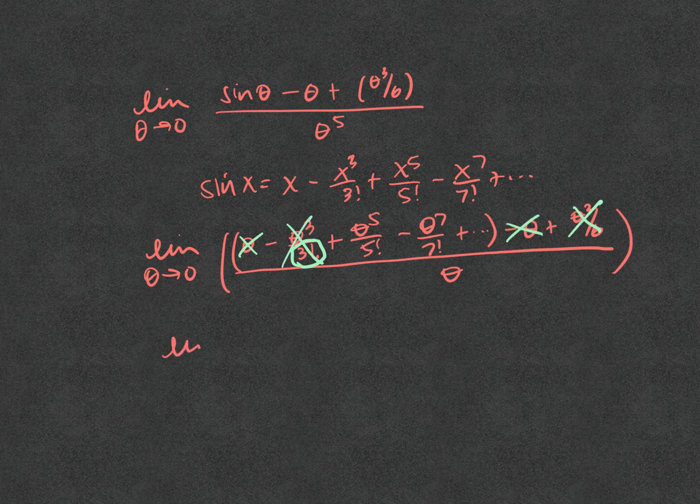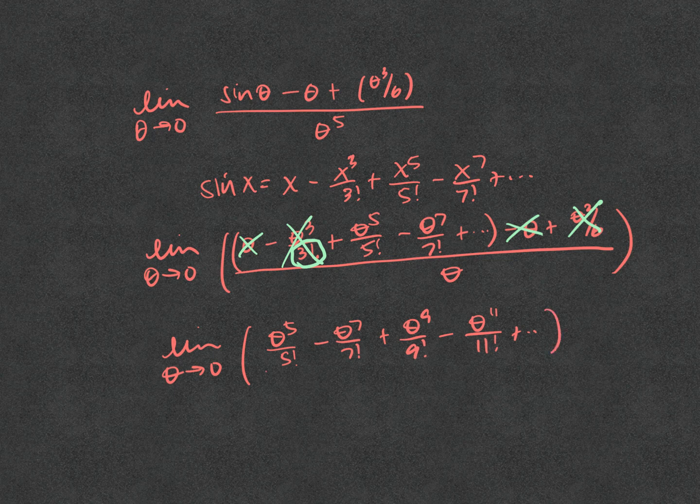So we have the limit as theta approaches 0 of theta to the fifth over 5 factorial minus theta to the seventh over 7 factorial plus dot, dot, dot. Let's go ahead and write plus theta to the ninth over 9 factorial following the pattern, minus theta to the 11th over 11 factorial plus dot, dot, dot, all over theta to the fifth.